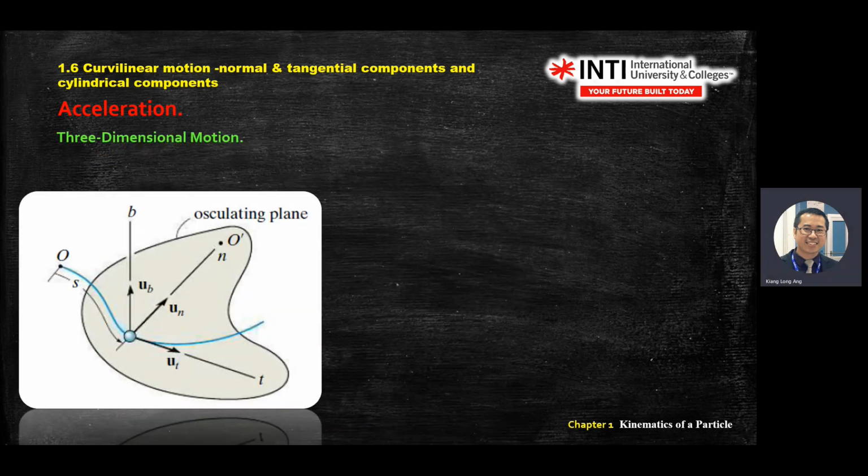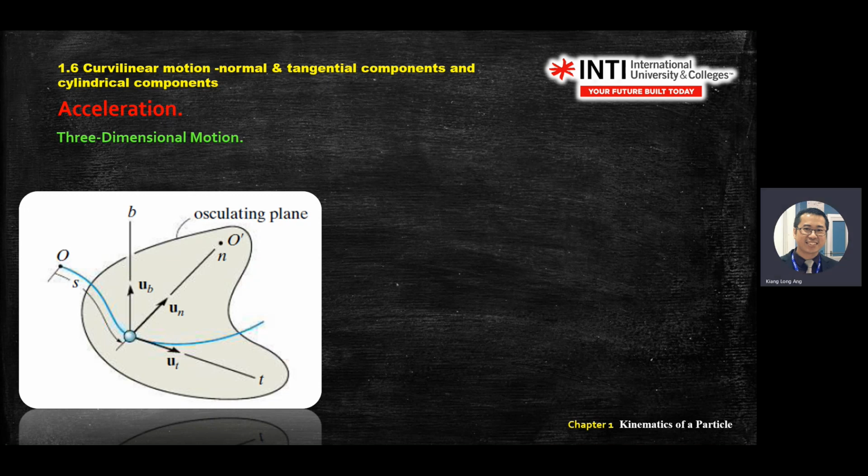Three-dimensional, most of the time I won't ask you in three-dimensional. But if you go out to work later, or you work in a master program or design projects out there, and you deal with robotics, then you need to consider the motion in another axis. Just now we were working all our calculations in plane motion, which is the highlighted one.